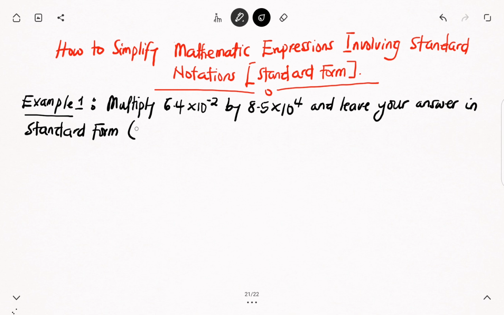Okay, and this was the SSC 1993 question number 18.